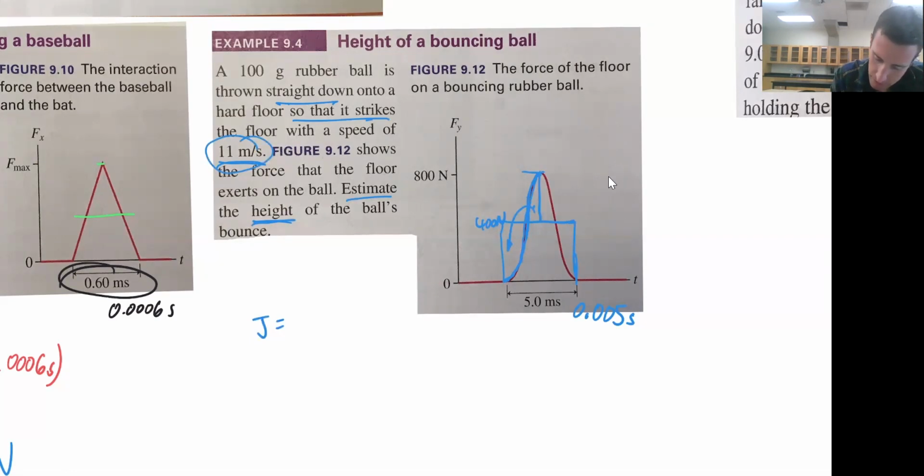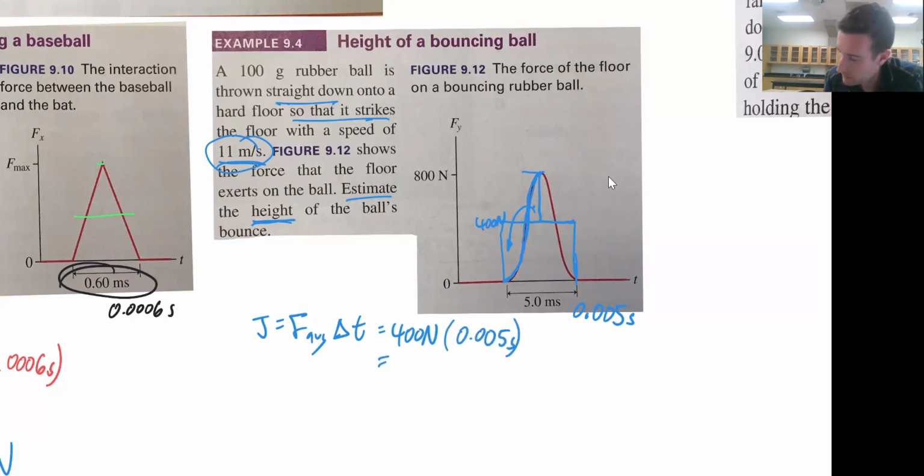My impulse, since I've done the work for that, is going to be the average force times the change of time, which is equal to 400 newtons times 0.005 seconds. Let's do the math on that.